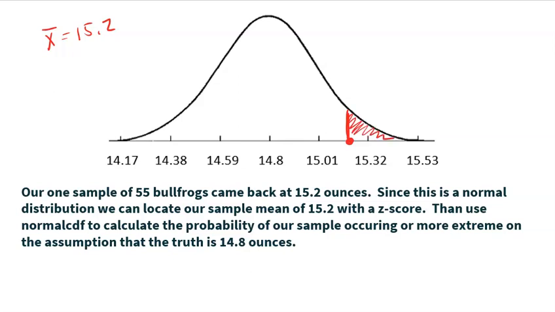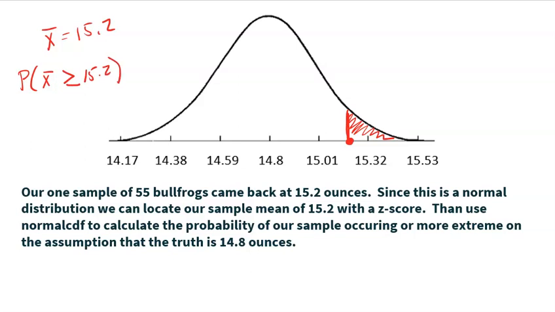Please remember, with the normal model, you cannot calculate individual probability. So at no point can I say, hey, what's the probability of a sample being 15.2? That's impossible. But what I can do is find the probability of my sample being greater than or equal to 15.2.